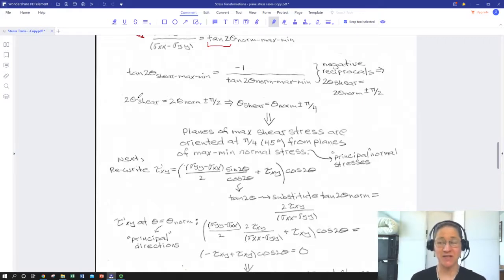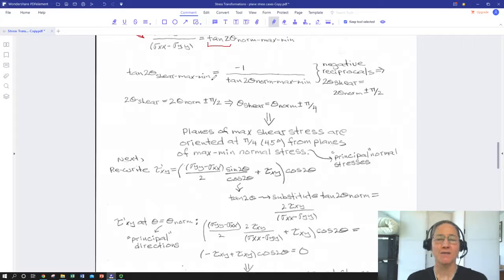I should just stick to max-min algebraic, which is probably the more correct and consistent way of saying that. When we get to Mohr circles and we start representing these maximum and minimum normal stresses on a number line, literally, it becomes a little bit easier. So I will stick to max-min algebraic as a way of denoting what's considered our principal normal stresses.